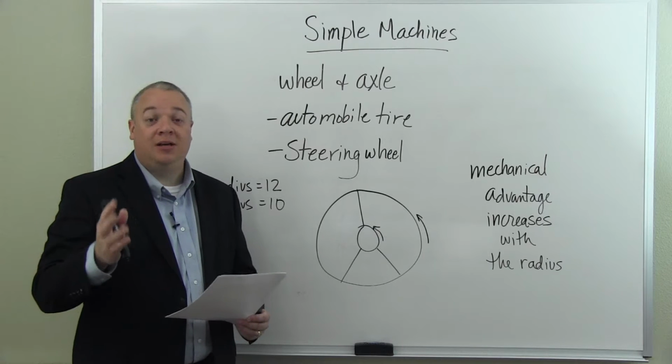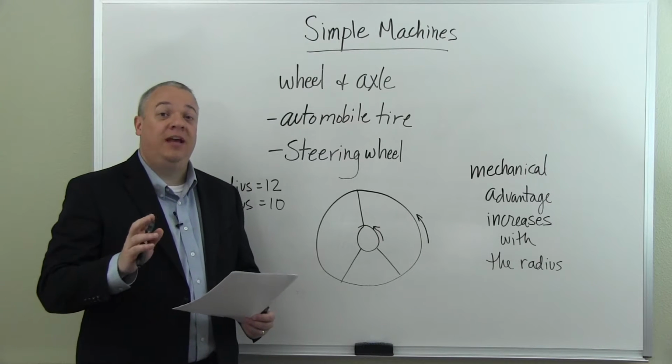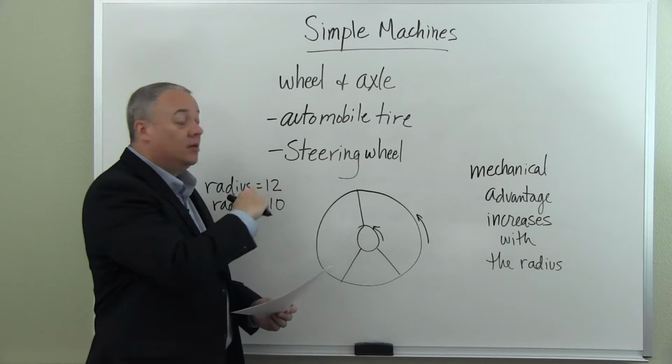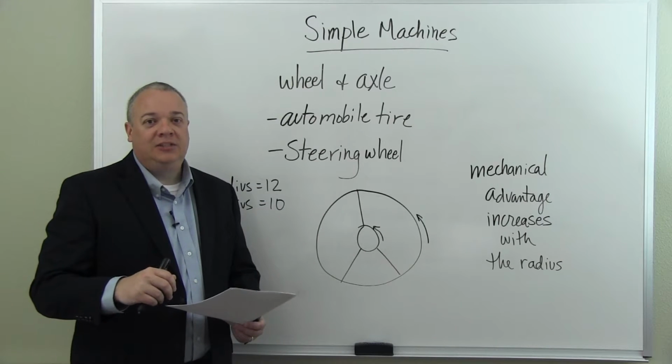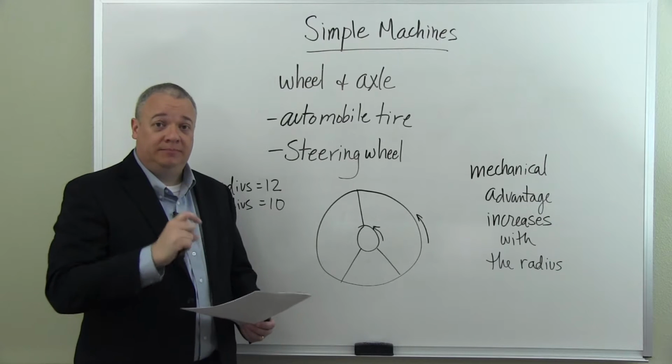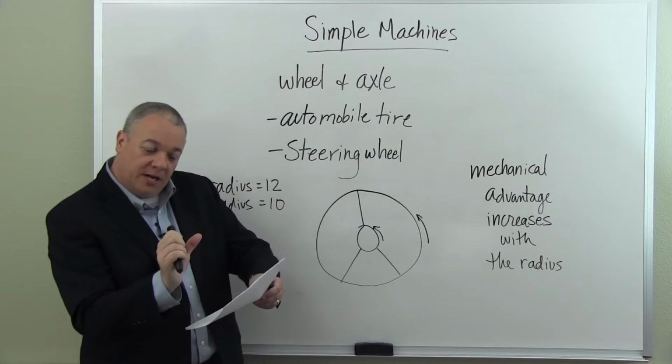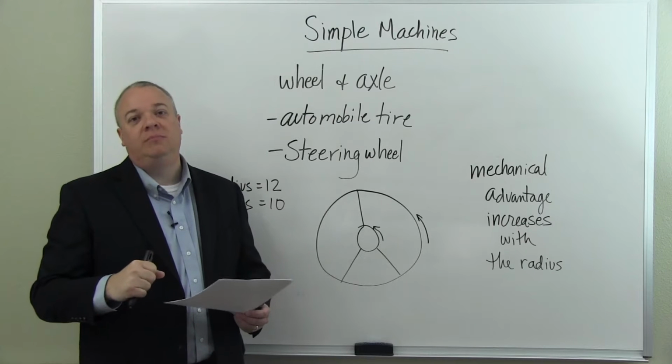But what we want to think about to help illustrate the point of the mechanical advantage of the wheel and axle is something more along the lines of a steering wheel. Essentially, the steering is done by the central column. But if you had to grip that central column and turn it with your hand this way, it would be almost impossible.